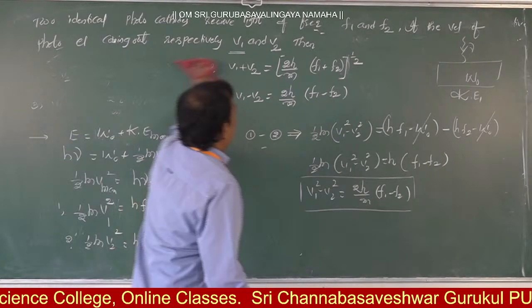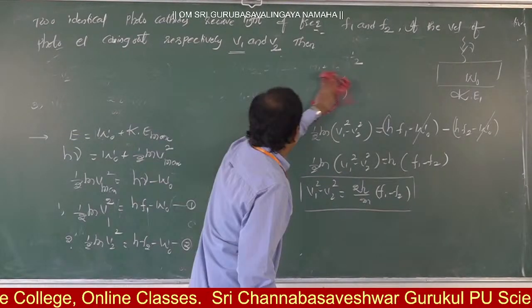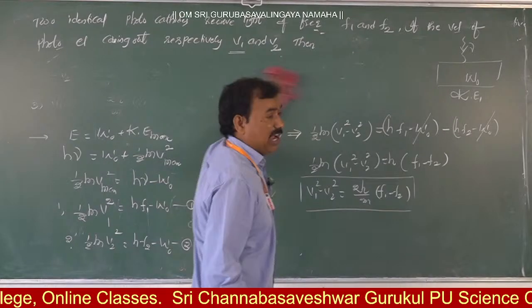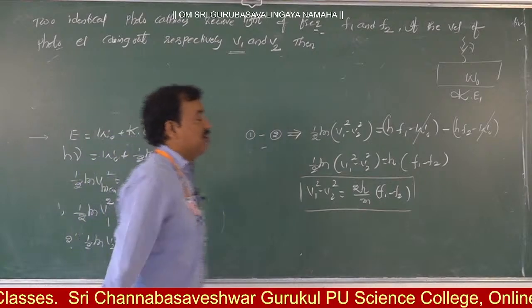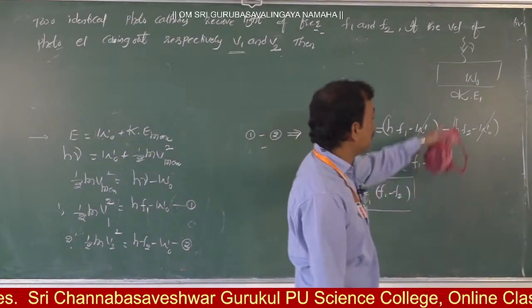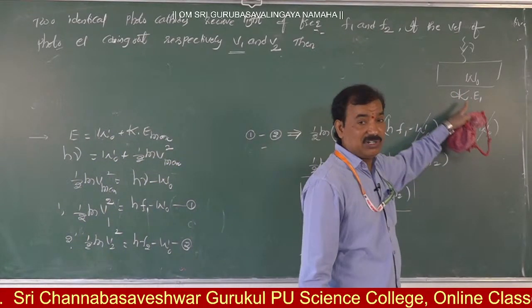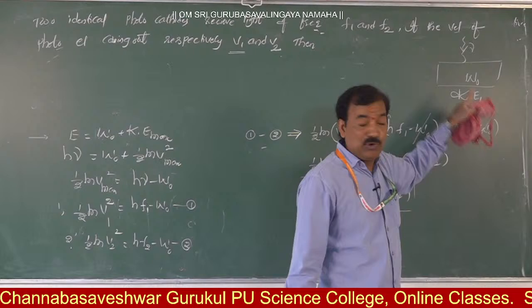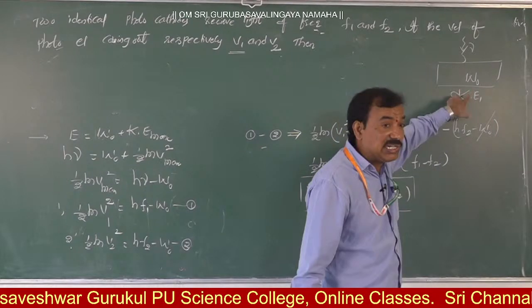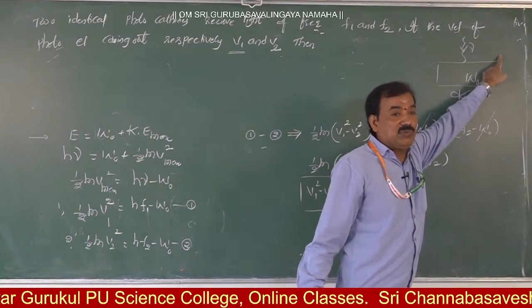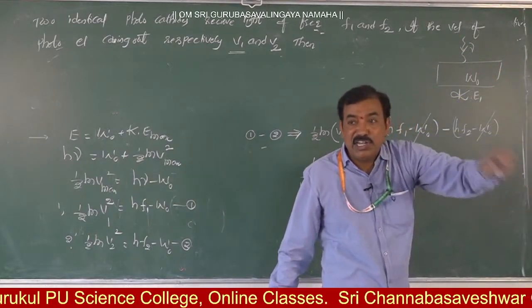Just imagine the frequency of incident light is nu. The kinetic energy of the photoelectrons is KE1. Suppose the frequency of the incident light is made n times, second case is n into nu.